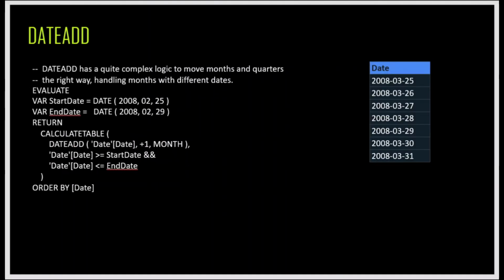dates. And what's interesting about the DATEADD function is it has quite complex logic to move months and quarters the right way, handling months with different dates. So in this example we have start date and end date for February month, and we know that February has either 28 or 29 days based on whether the year is a leap year or not. So the DATEADD function will automatically identify the end of the month, and it will give the corresponding end of the month by shifting to the next month in this case.